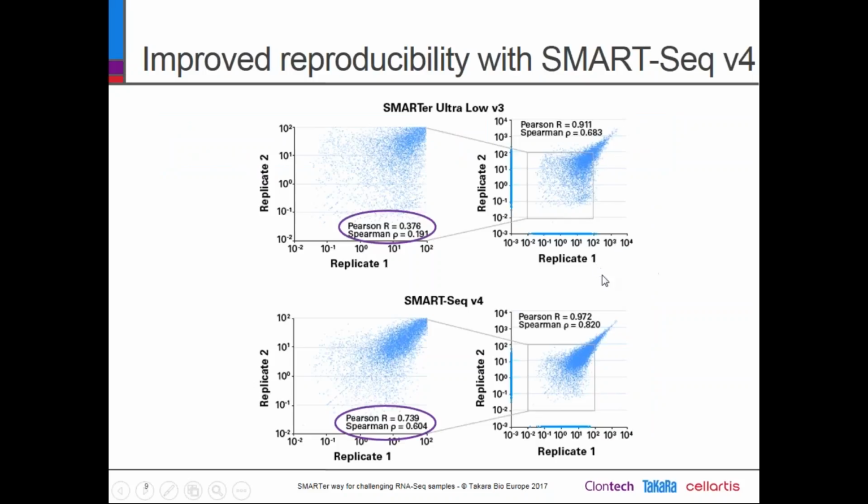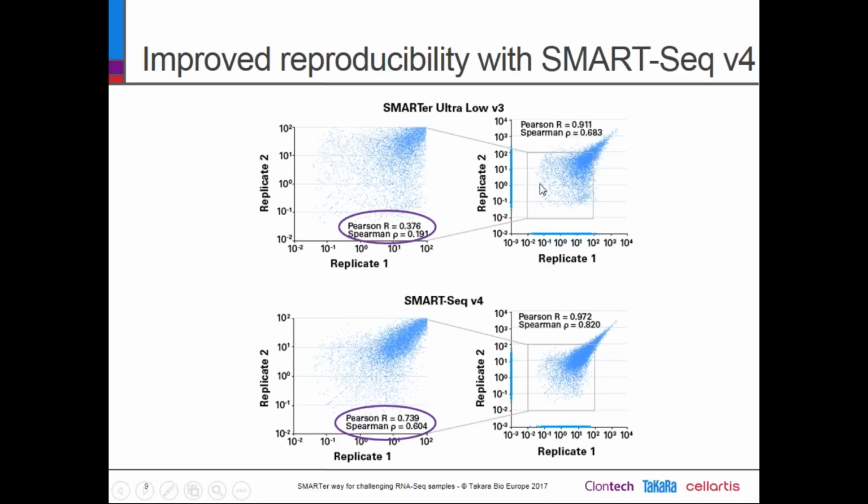So here we are comparing the results obtained in 2 replicates, again with 10 picogram of RNA, using the 2 technologies, version 3 and version 4. If we measure the overall coefficient of correlation between the 2 experiments, we see that correlation is quite good for the 2 technologies, because we are closer to 1, but we see that it's better for SMART-Seq v4 than for ultra-low v3.